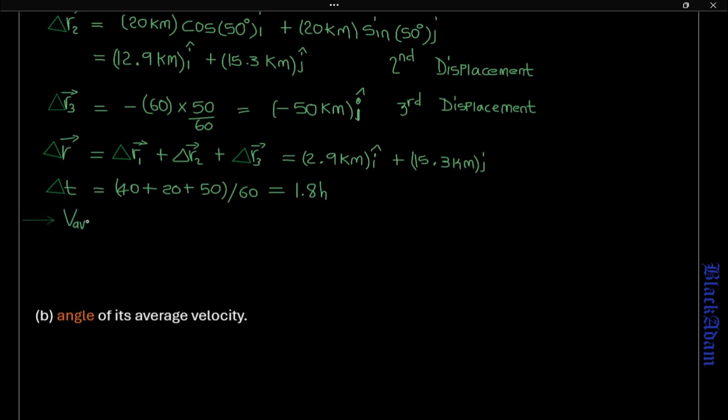And then average velocity is going to be total displacement divided by total time.